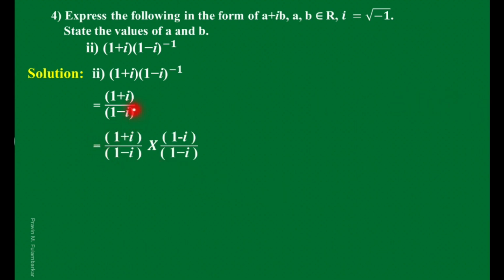So we see division of complex numbers. In that we told we multiply and divide by the conjugate of the denominator, but here the term is 1 - i, so you can multiply and divide by 1 - i also. You can check yourself by multiplying and dividing by 1 + i.